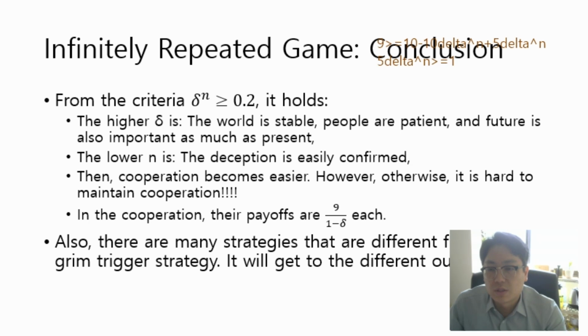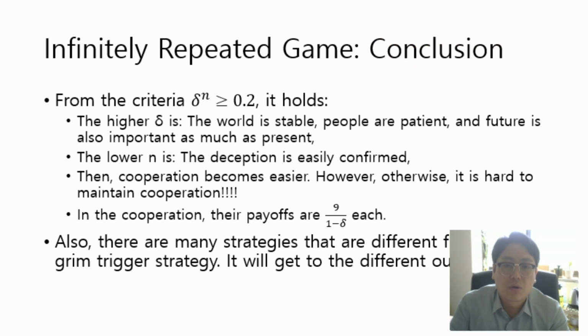So conclusion, from the criteria delta to the n greater than or equal to 0.2, keep playing cooperation is a Nash equilibrium.